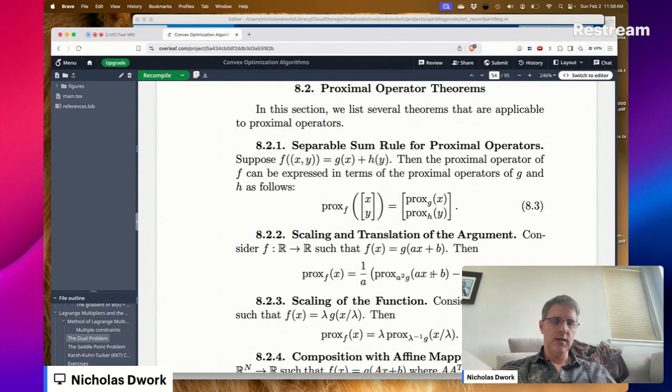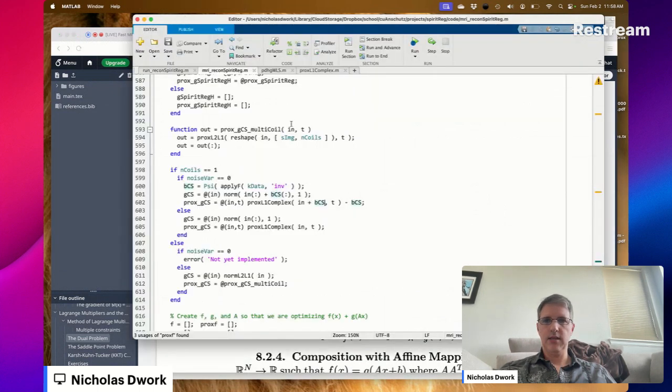If A is 1, we're adding B. We add B on the inside and subtract it on the outside. Okay, that seems like the answer, doesn't it?